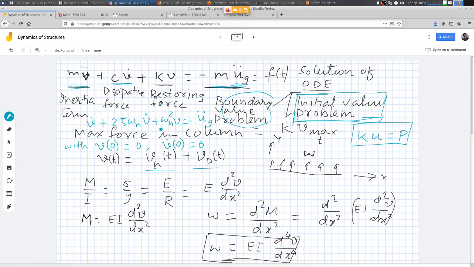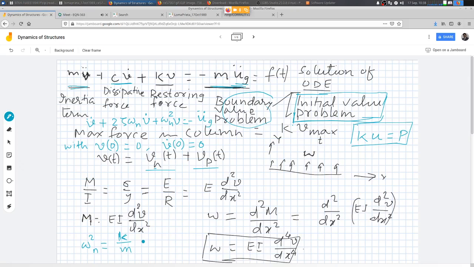This is the natural frequency. I hope you are familiar with the relation omega n squared is equal to spring constant k divided by m. You are familiar with this? Yes, sir. There are several ways you can derive this, but the most appealing is the conservation of energy.